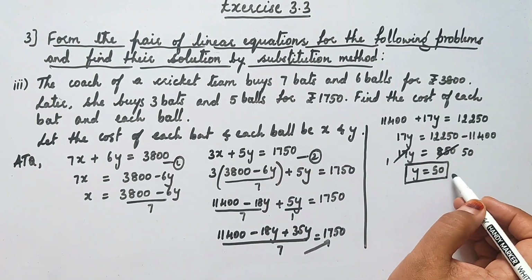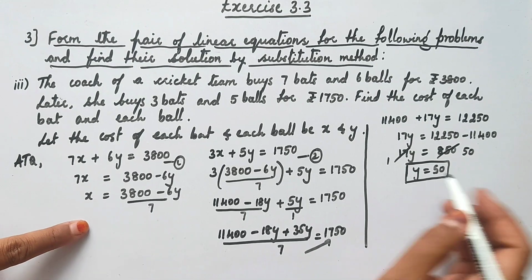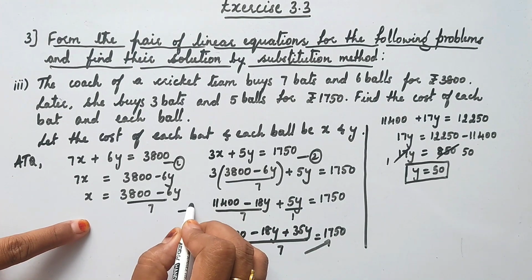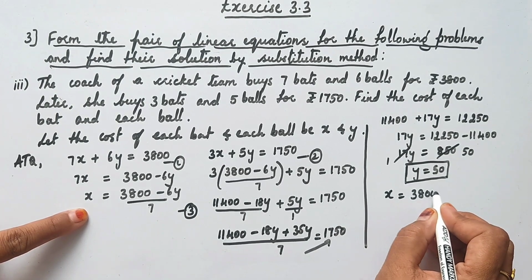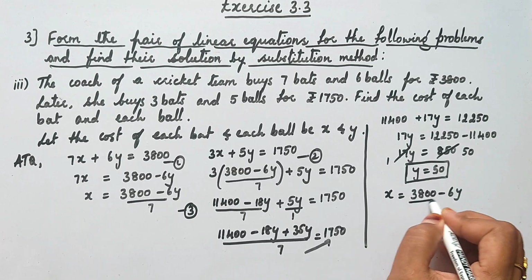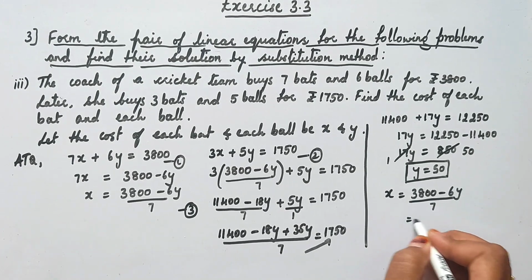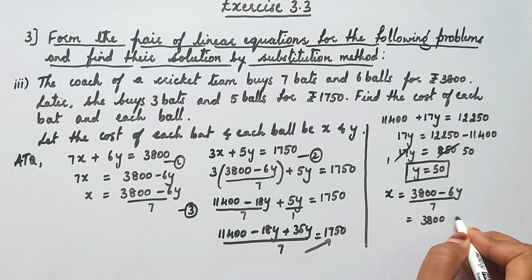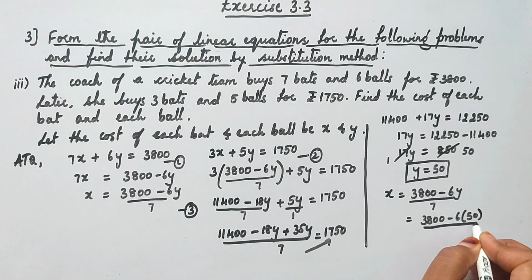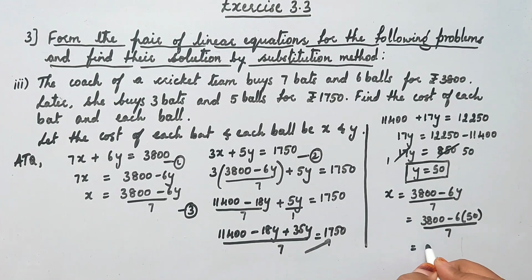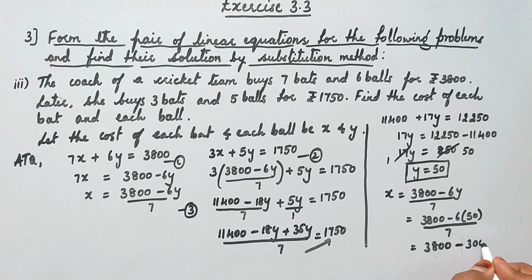Okay, let me substitute the value of y in this equation 3. Let me write here x equal to 3,800 minus 6y upon 7 equal to 3,800 minus 6 into y value is 50 upon 7 equal to 3,800 minus, when you multiply these two, you're going to get 300 upon 7.